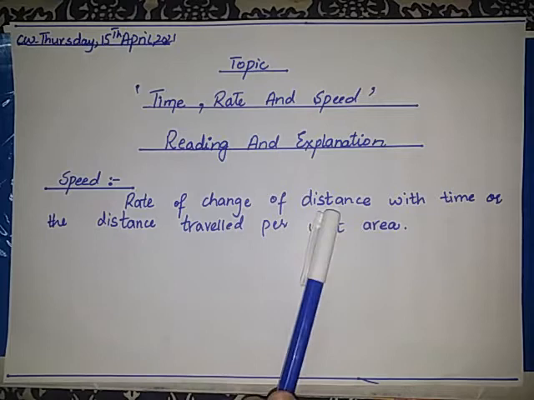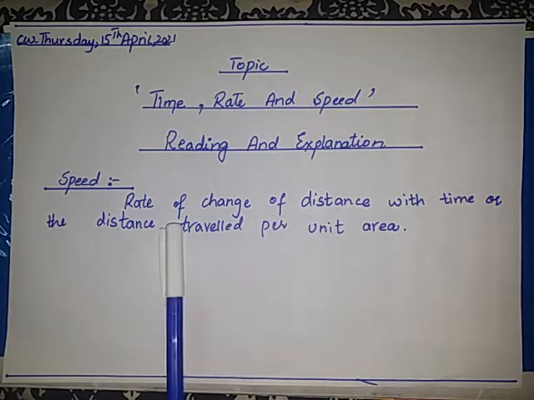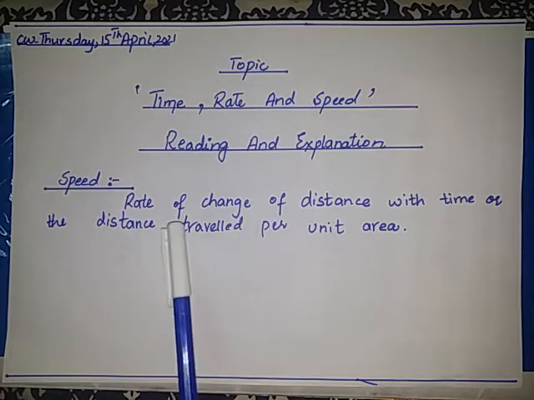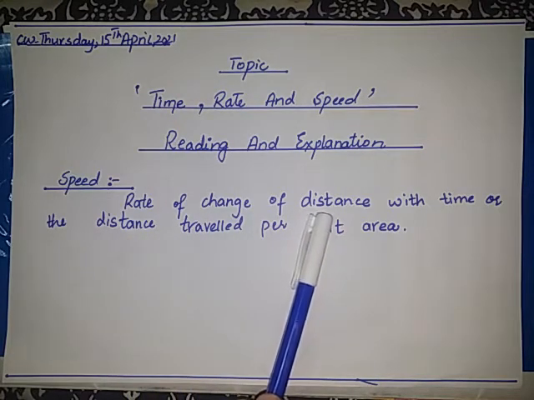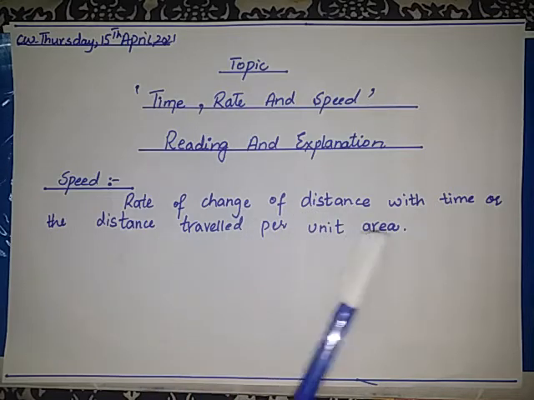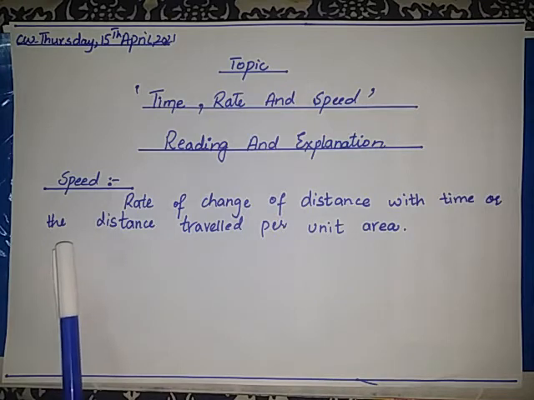Students, the distance is the movement from one point to another. Speed is the rate of change of distance, that is, how much the object is moving from one place to another in how much time. That rate will be equal to speed.